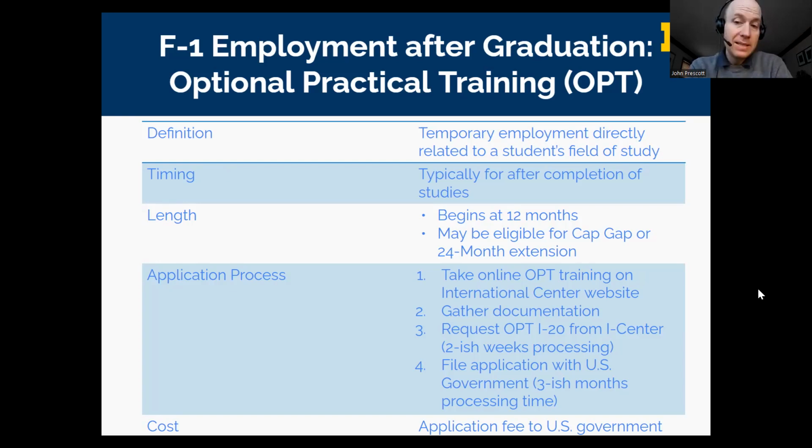The use of CPT, which is much more common prior to graduation than pre-completion OPT, does not reduce the amount of OPT available. Now, some of you may know this. If you do, prior to graduation, 12 months or more of full-time CPT, that would forfeit your eligibility to apply for OPT.